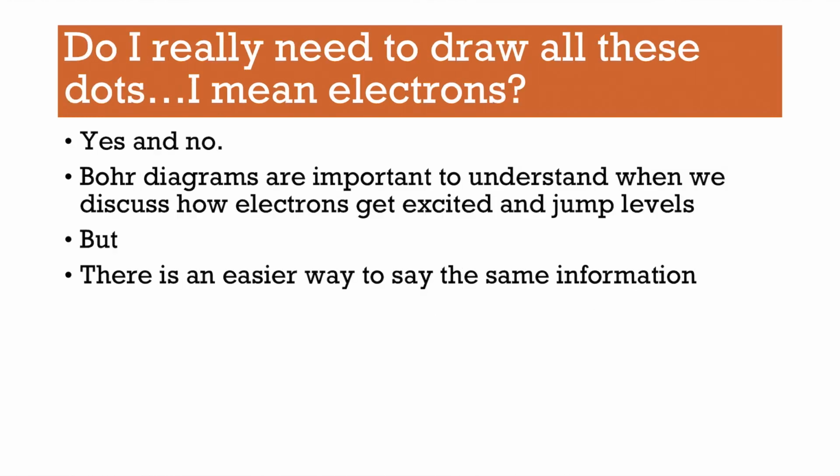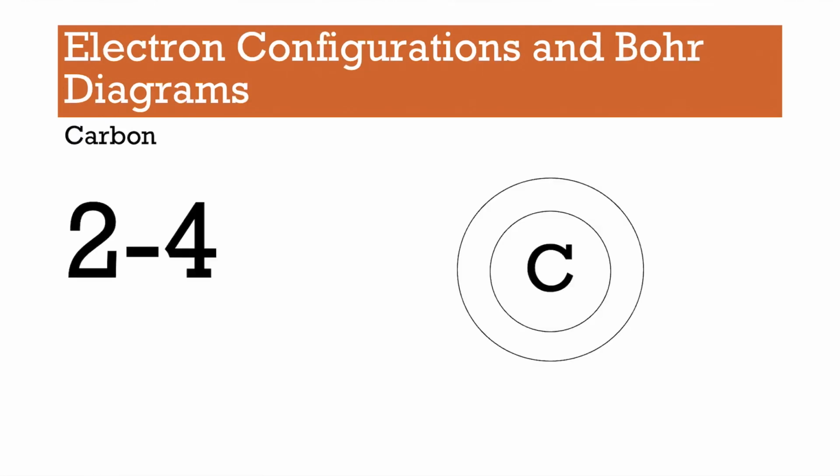Now, do you need to draw all these electrons? Yes and no. So the Bohr diagram is a great way to show how these electrons jump from level to level, but there's also an easier way to show the same exact information. And so that's what electron configurations are. So this first number tells you that there are 2 electrons in the first shell.